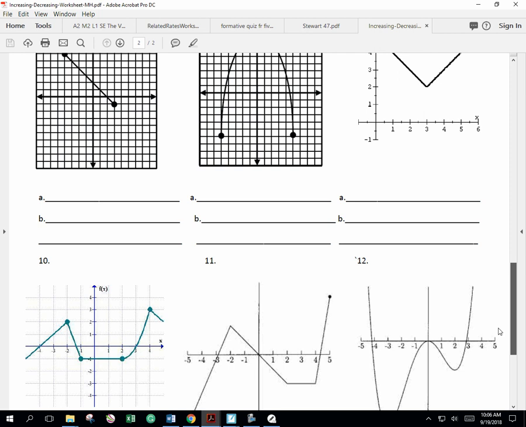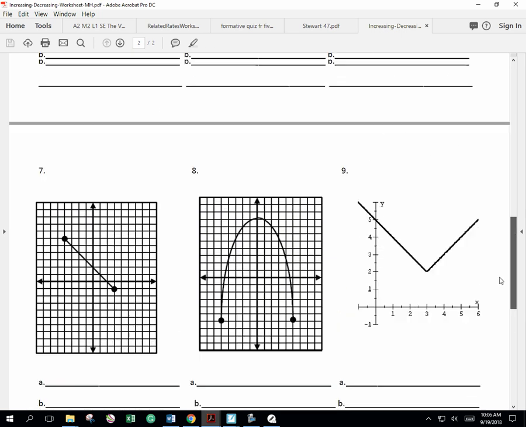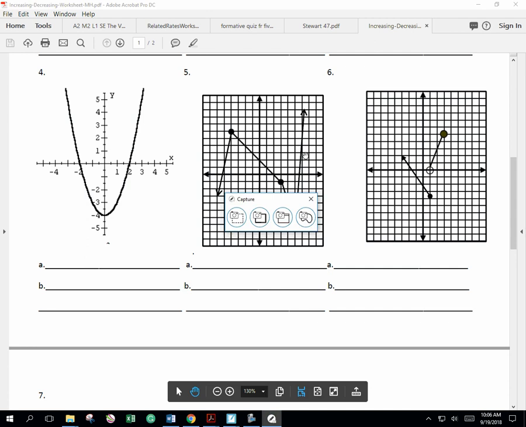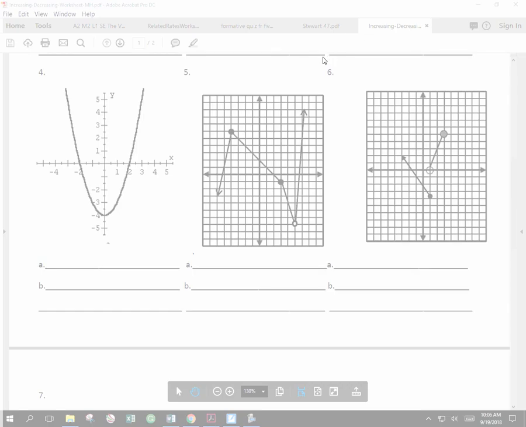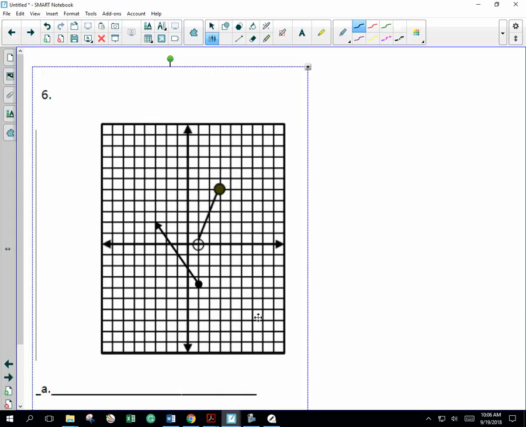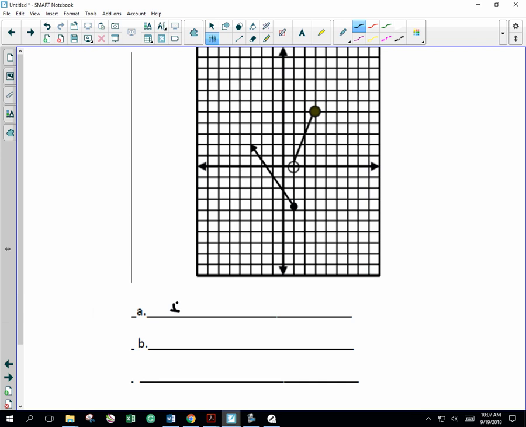So you're going to get a chance to predict the answer, and we'll see how you do. 1 minute. Go ahead and check your answers, see how you guys did.